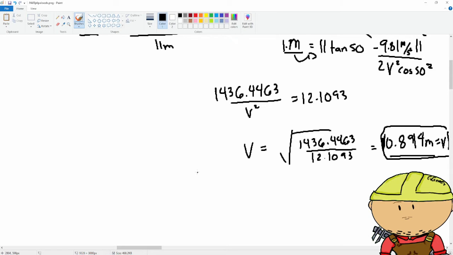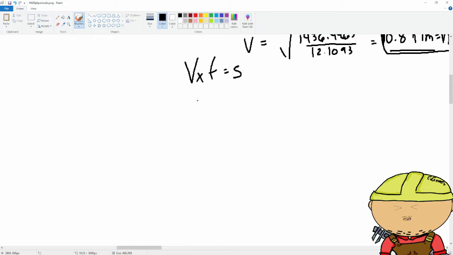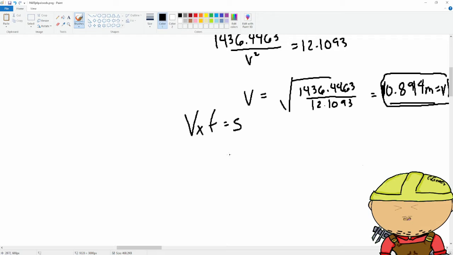Vxt is equal to S. If the range is to be 11 meter, 11 meter is equal to time times Vx, which is 10.8914 cosine 50.